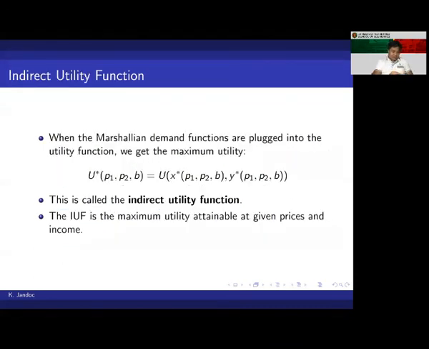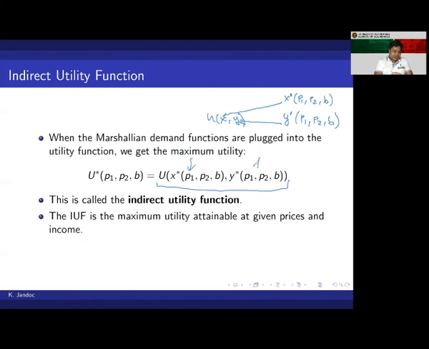So now we have a utility function u of x, y. And then we have our optimizers x star, which is a function of P1, P2, and the income or budget B, and y star, which is also a function of P1, P2, and the budget B. When you plug in x star for the x and y star for the y, we get a special kind of utility function, which gives you u star.